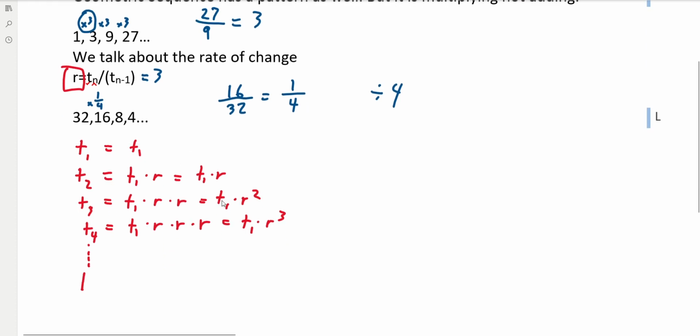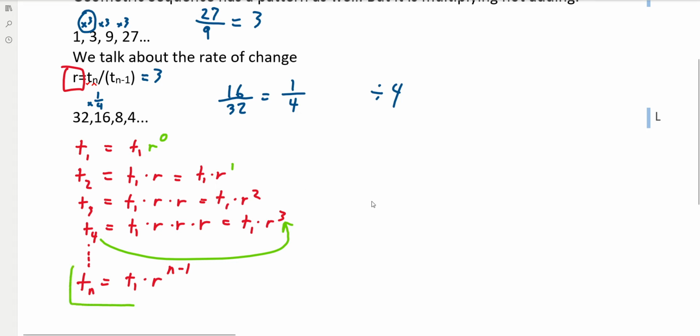So if we put it as a general term, Tn, we'd say T1 times r to the n minus 1, because you'll notice that our value here of 4 is dropped by 1 when we go to the exponent. Even this first term also fits. It has r to the exponent of 0, and this one has an exponent of 1. So they all fit that rule.